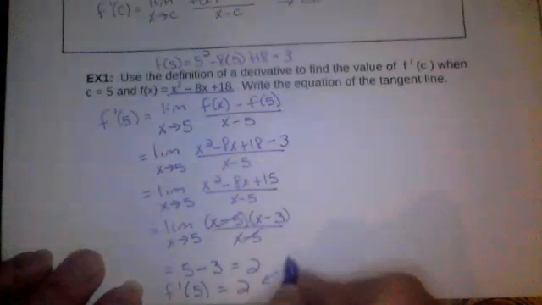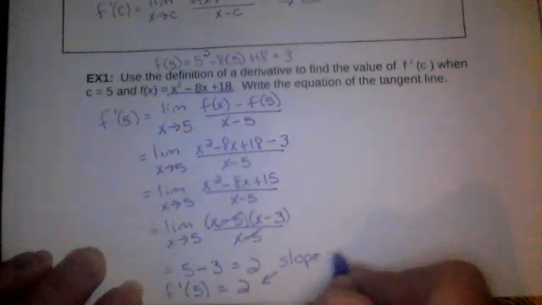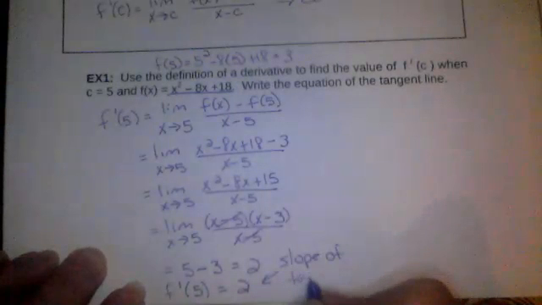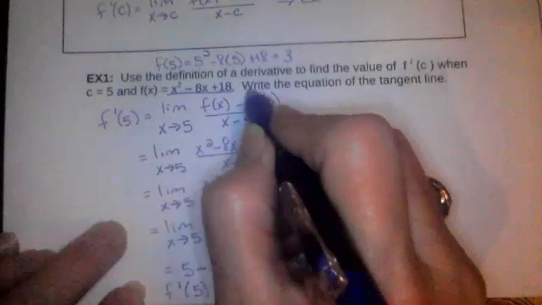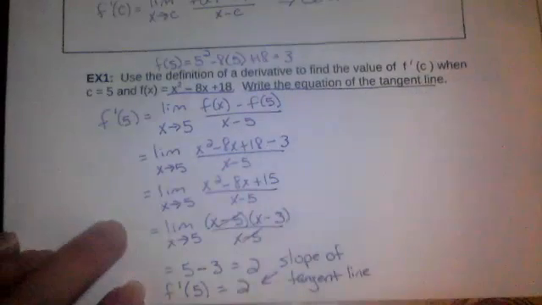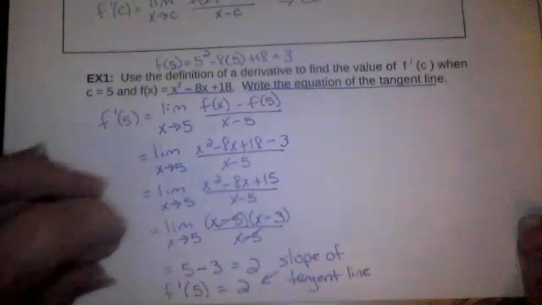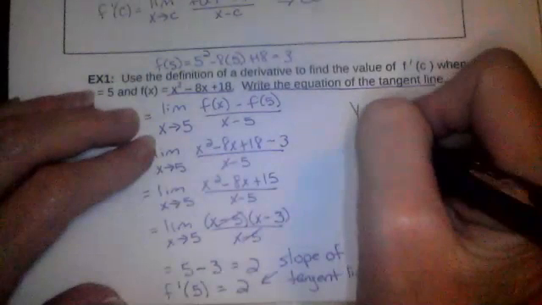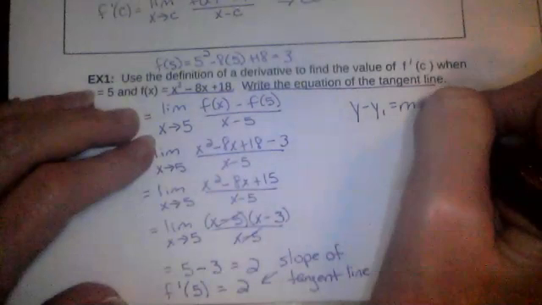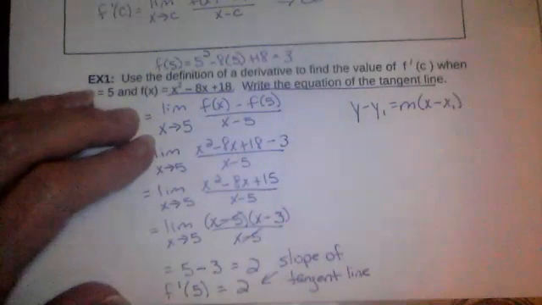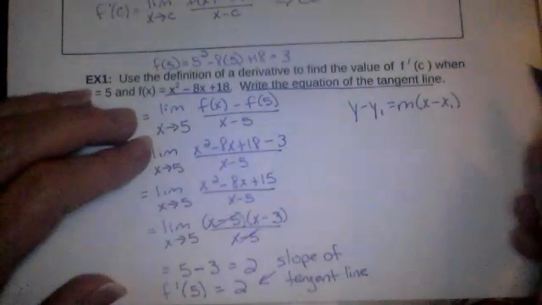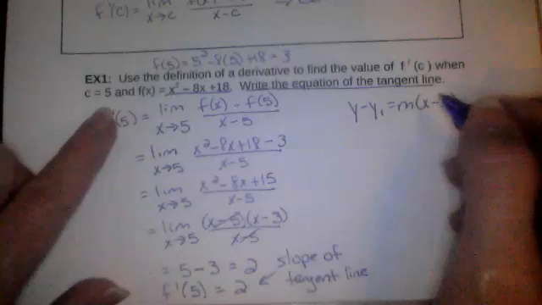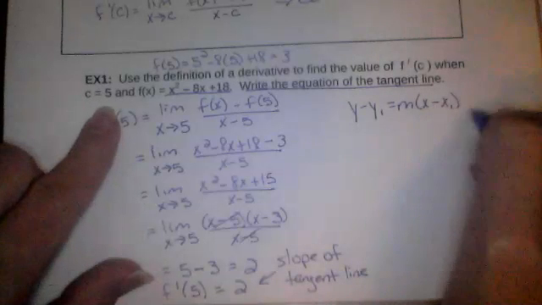Alright, so this gives us the slope of the tangent line. Well, they want us to write the equation of the tangent line. Remember that point slope formula that I gave you and told you we were going to be using a lot? This is where it comes in. We're going to write the equation of the tangent line at 5, when x is 5.